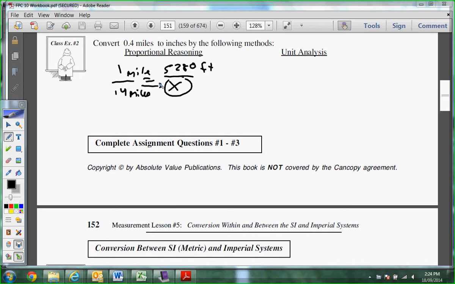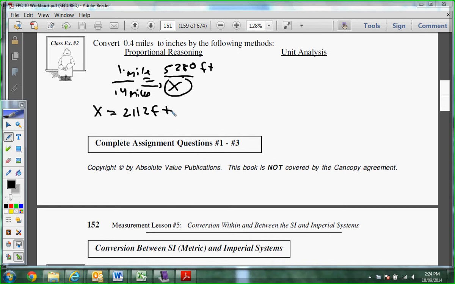So I cross multiply now. That's why this helps. X times 1 is just X. 0.4 times 5,280 is going to give you 2,112. Okay, so 2,112 is the answer in feet, but we want inches. So all I have to do is times it by 12 and be done.